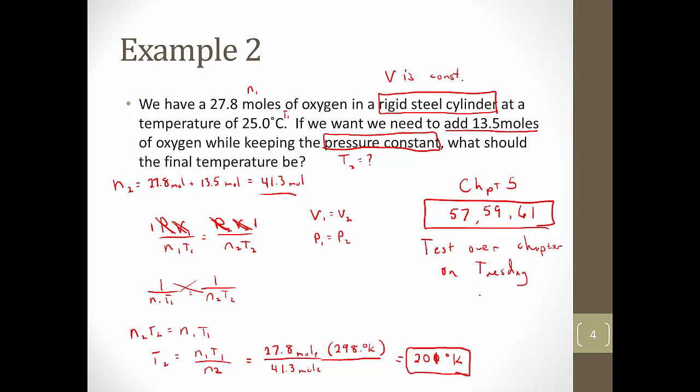We'll do one small new thing. We'll do Dalton's partial pressure, Dalton's law, on Monday. Read about it in Chapter 5.